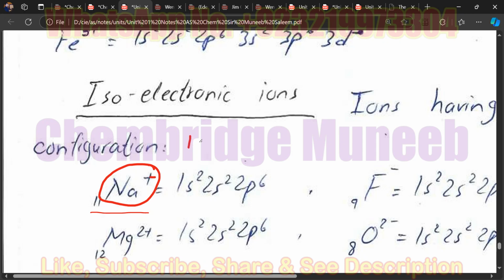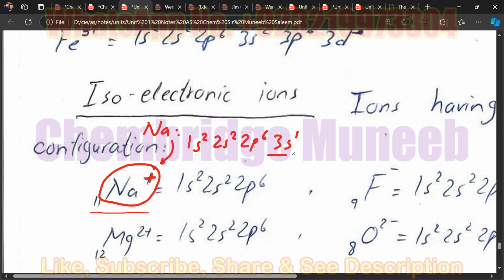So initially its electronic configuration was 1s2, 2s2, 2p6 and 3s1. When it was just a sodium atom, its electronic configuration was like this. But after the formation of the sodium ion, it has lost one electron. So that one electron will be lost from the last shell and its last subshell.